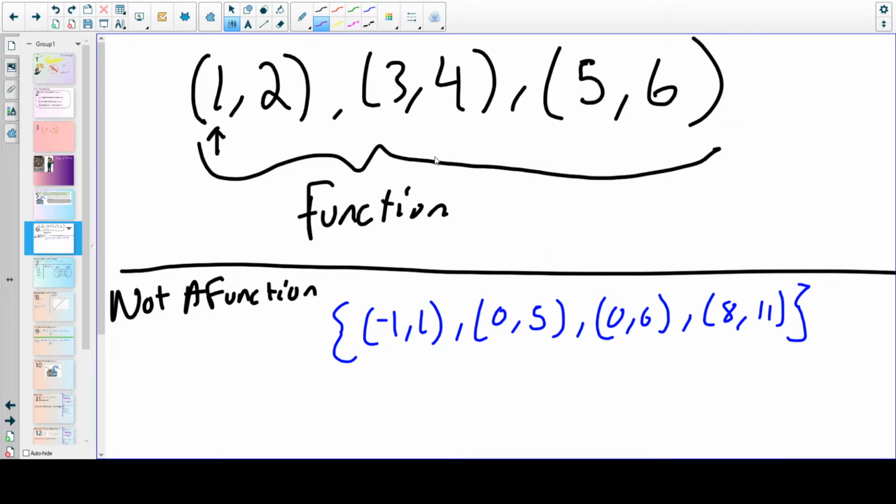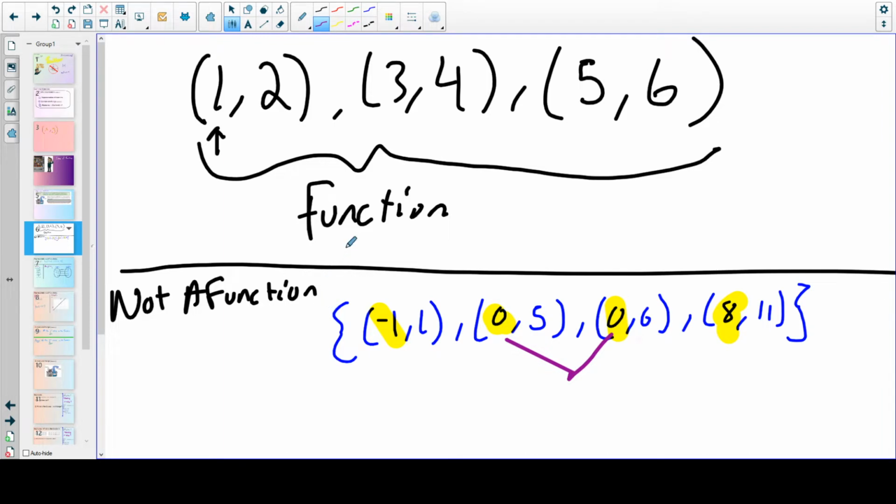This is what you would consider not a function. So, if you look at all the x values, do any of them repeat? Well, yeah, look at these two guys over here. 0 repeats, and they give you different values. This would not be considered a function.